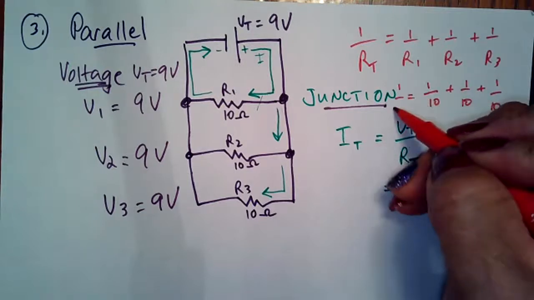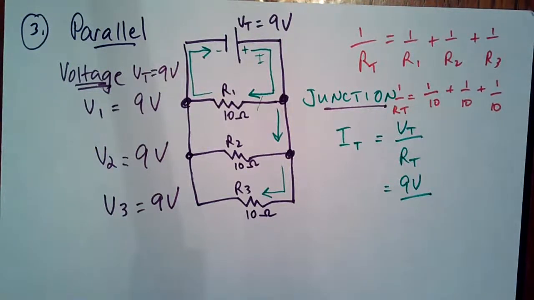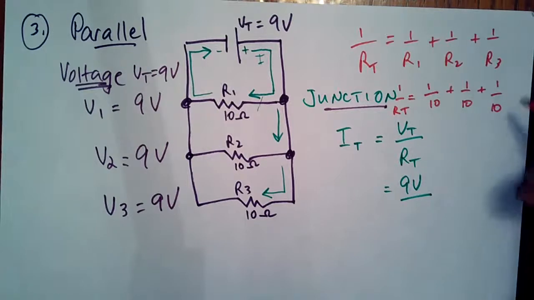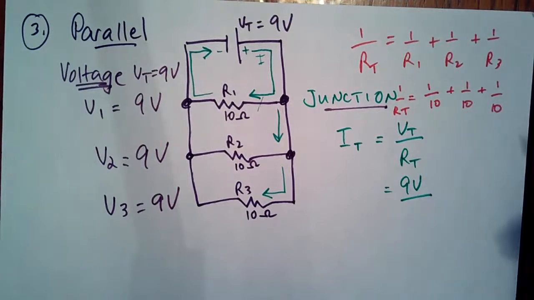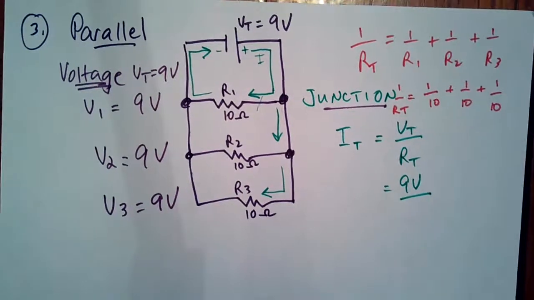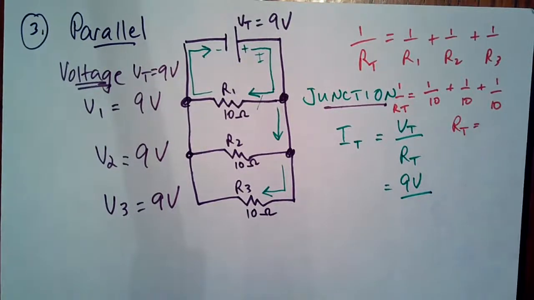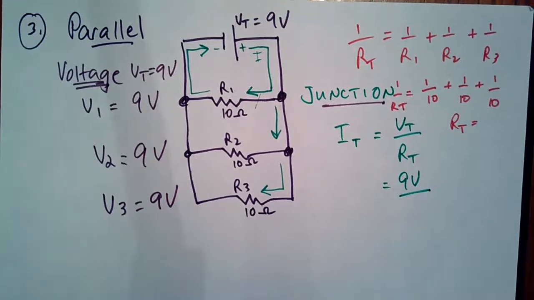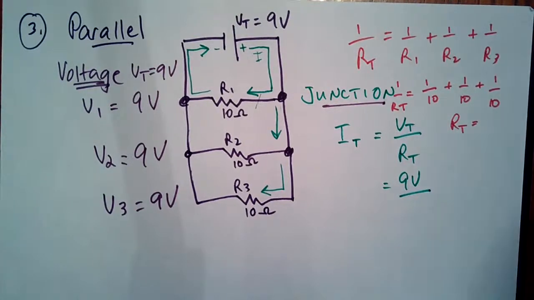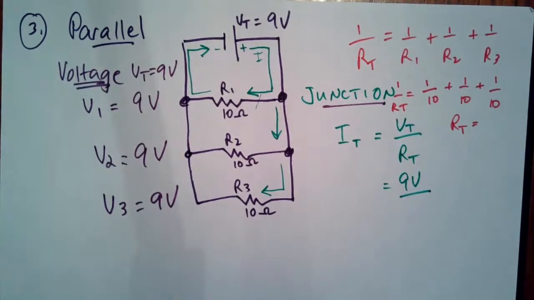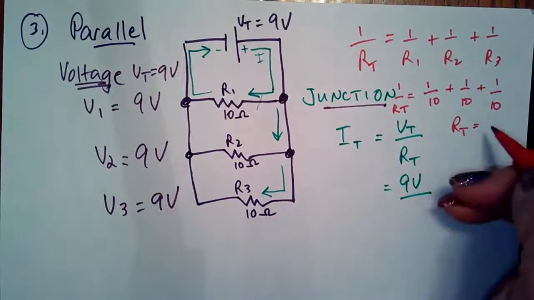Remember that this is 1 over RT. So you actually have to take the inverse of what you get here before you can calculate the RT. So the RT here is equal to 3.33 ohms.